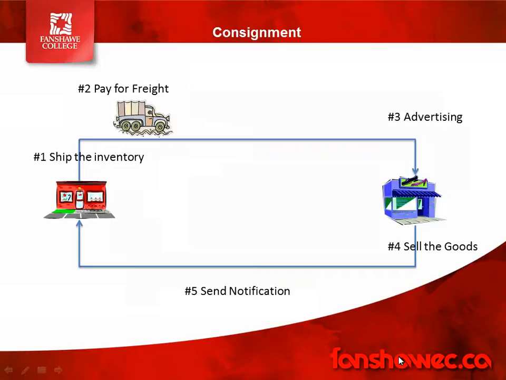When that customer comes in to pay them, the amount they pay for the bike isn't the consignee's revenue. So the store in Vancouver is the consignee. The cash that they collect isn't the revenue of the store in Vancouver. If you think about it, the revenue of the store in Vancouver is their commission revenue, right?